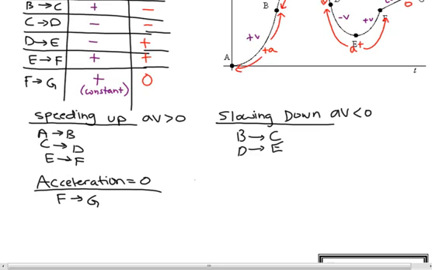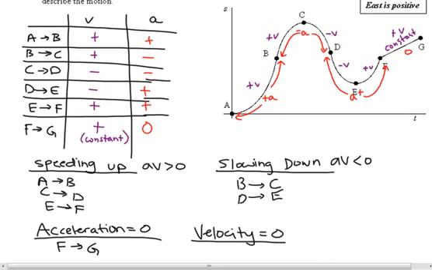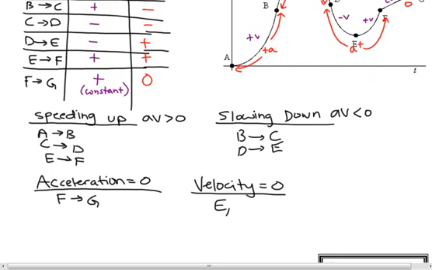And when is our velocity 0? When are our velocities equal to 0? So we have E and C. You can't really find the slope there, we don't know for sure.